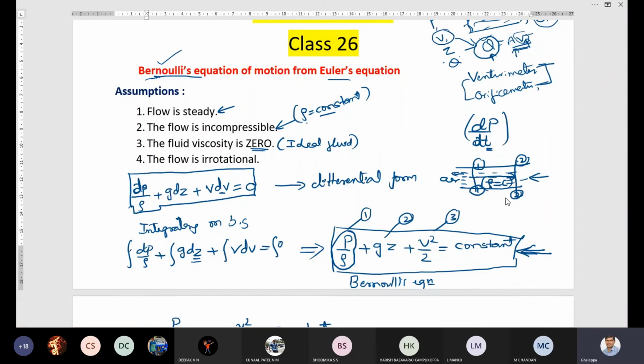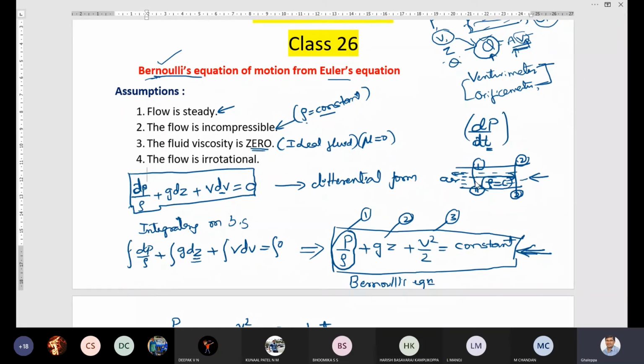Viscosity is zero, but it is not possible practically. They have derived the equation theoretically, assuming that it is an ideal fluid. Ideal fluid means viscosity is zero. But if you are conducting an experiment and you are applying Bernoulli's equation, we cannot take it as zero. So some terms will be added, that we will discuss in the upcoming classes.